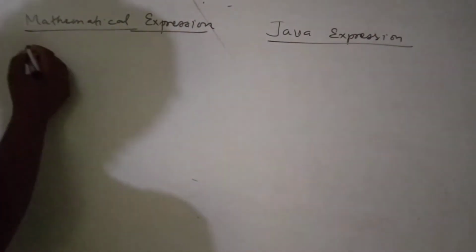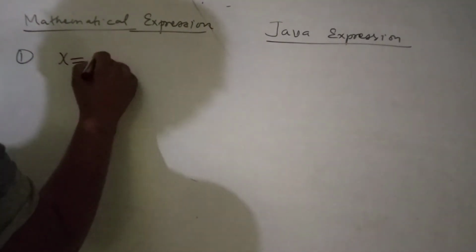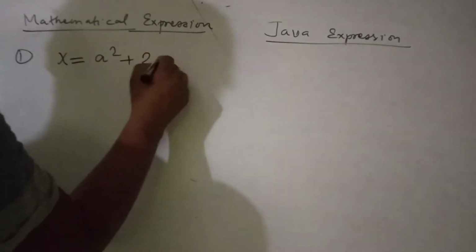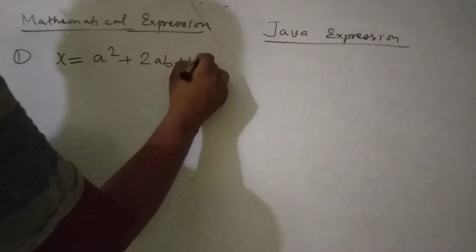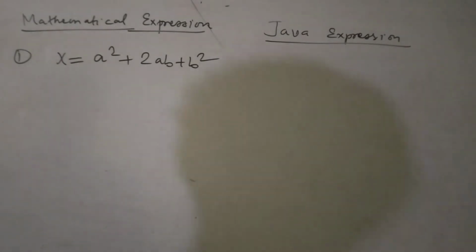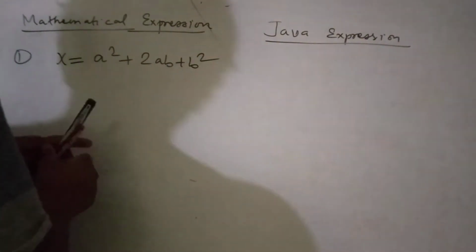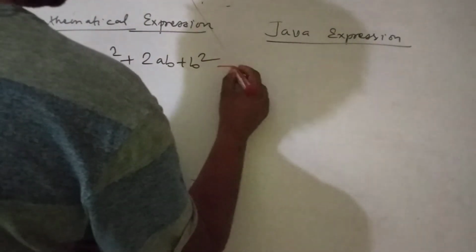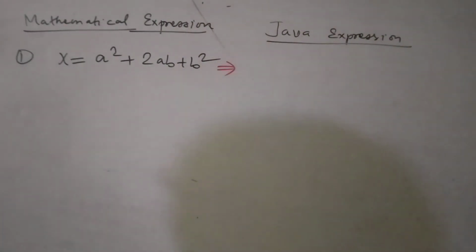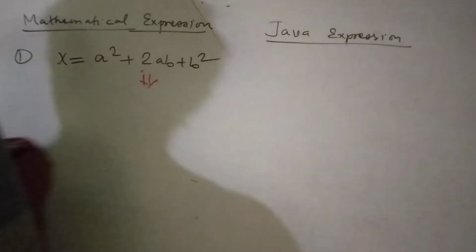Okay, so example number 1 is, suppose x is equal to a square plus 2ab plus b square. So how to write this mathematical expression as a Java expression? I'll do it out here.